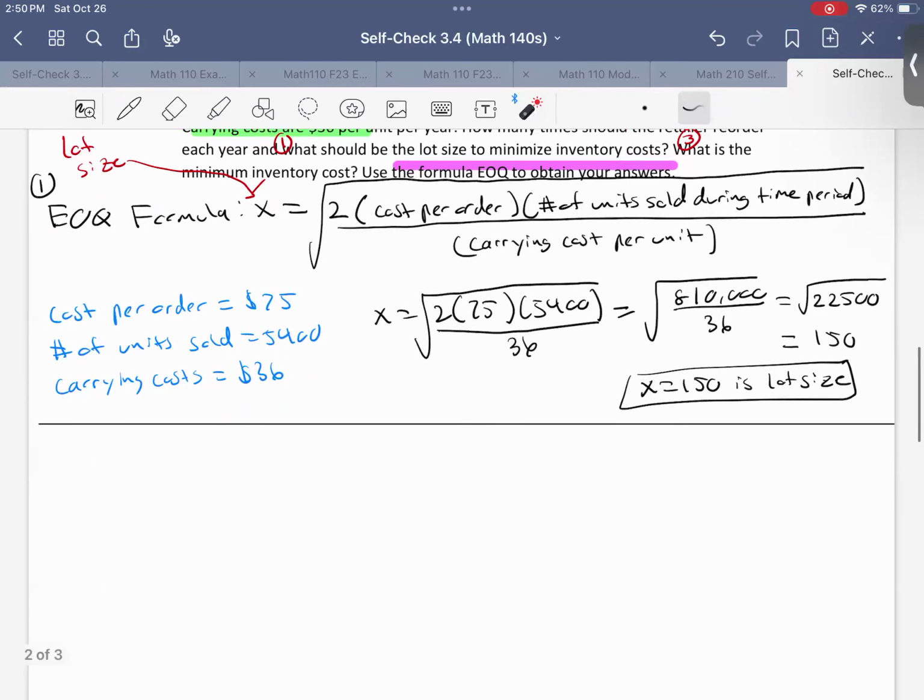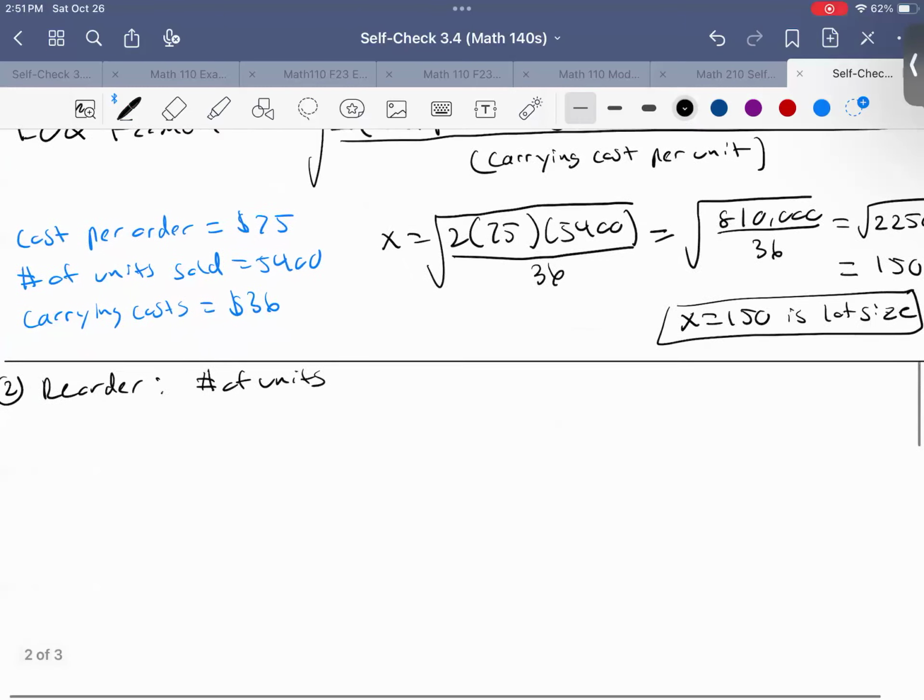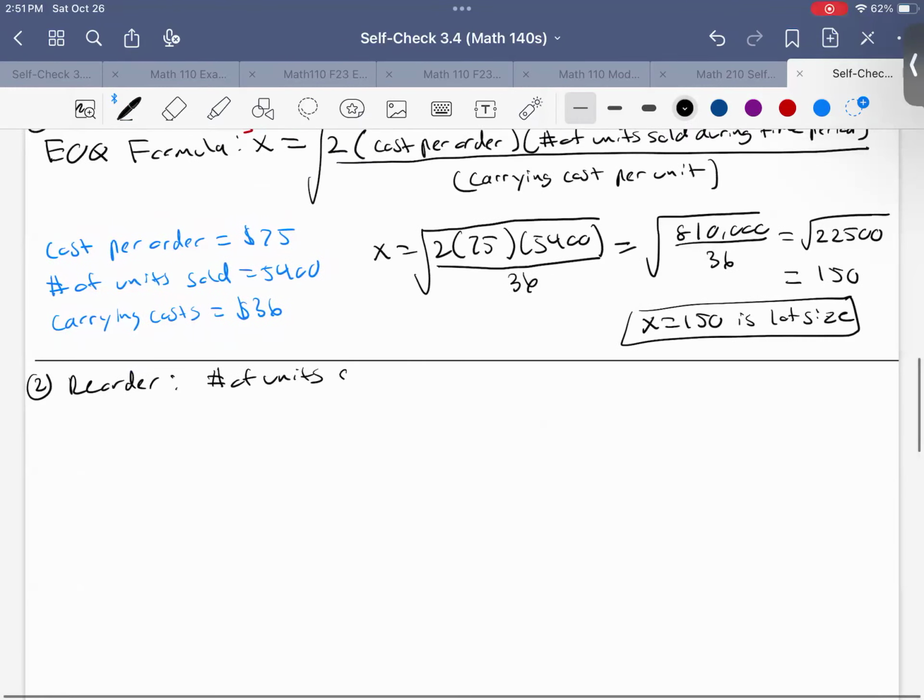So step two for reorder is number of units sold divided by lot size. This is also something in that reordering formula from our notes, but it's just a way to cut this up.